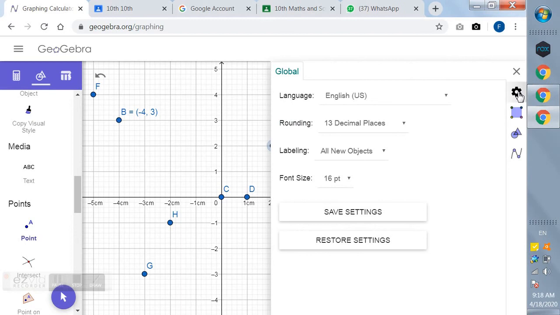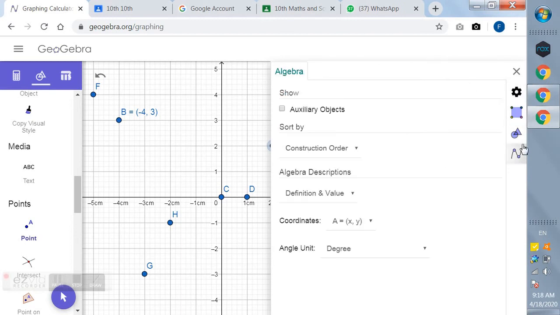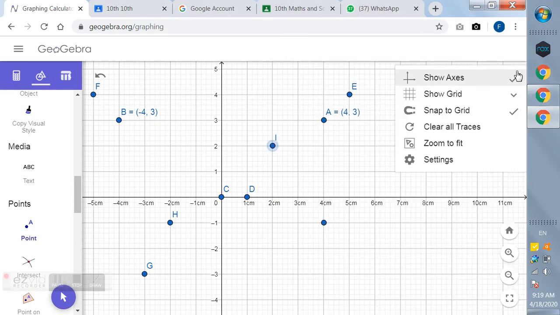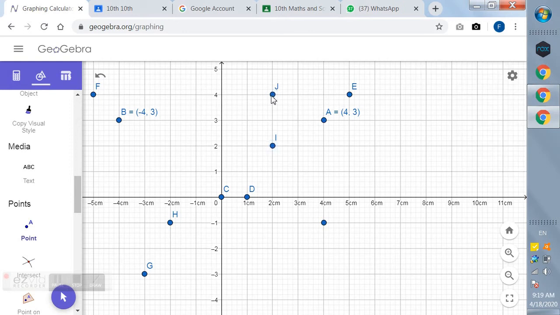Okay. Now here. Alright. Or this point, which is like, so what is the value of J in the coordinate axis?